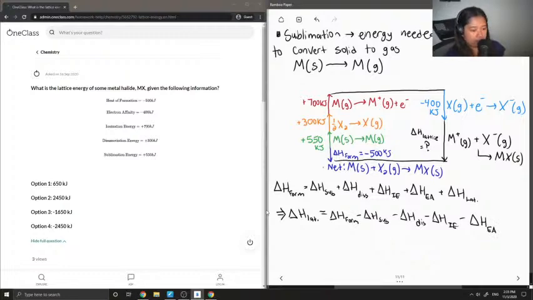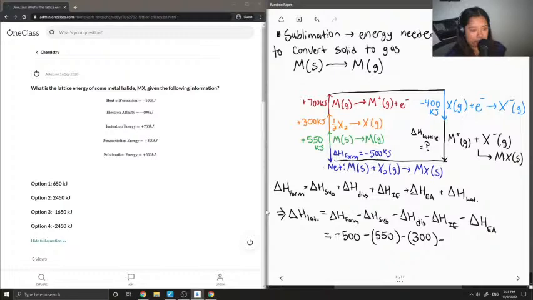Okay, so now I'm going to plug in all these values. Delta H of formation was negative 500. Delta H of sublimation was 550. Delta H of dissociation was 300.